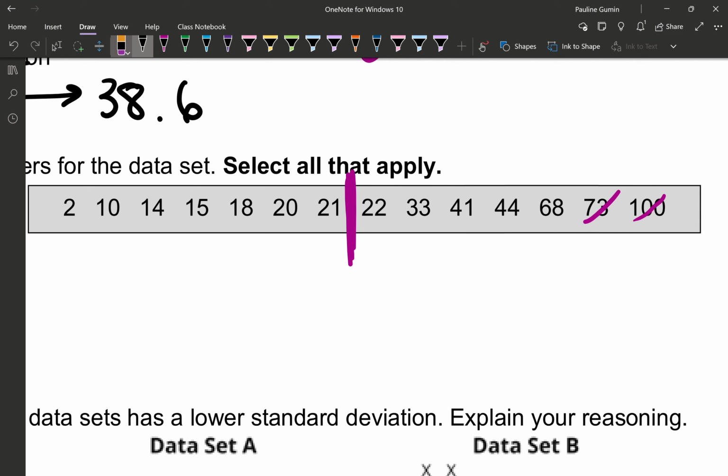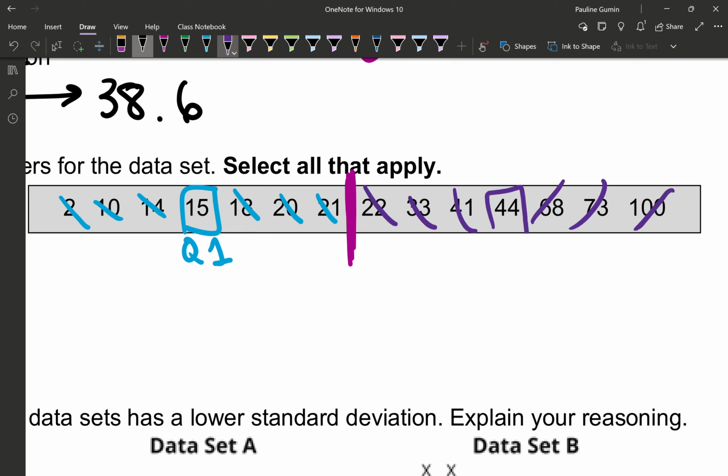Alright, let's find Q1. There's my Q1. And then let's find Q3. There it is. Lastly, of course, let's find IQR.